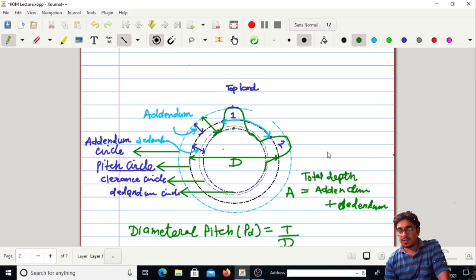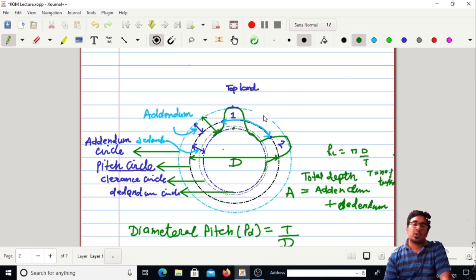This was the circular pitch. PC was pi d by t, and t is the number of teeth. Fine. Now if we want to mesh this particular gear with another gear, let me draw that here.